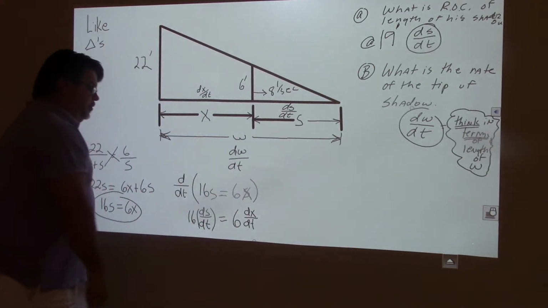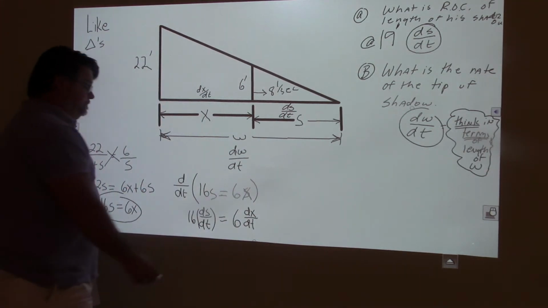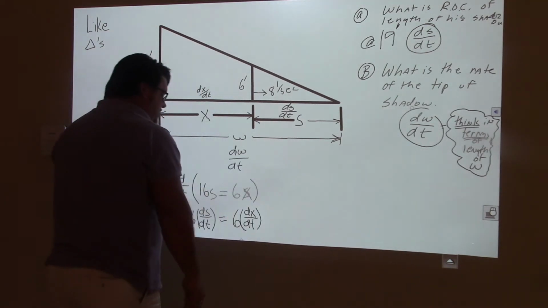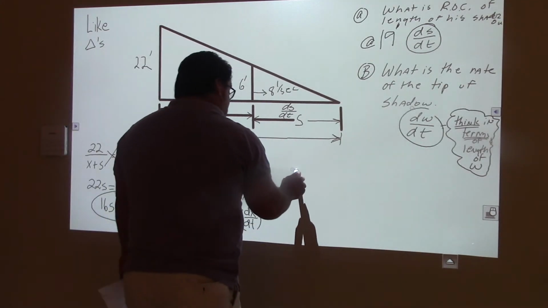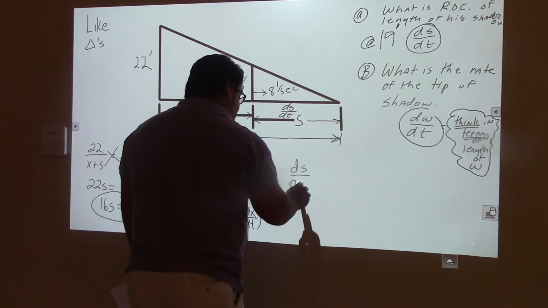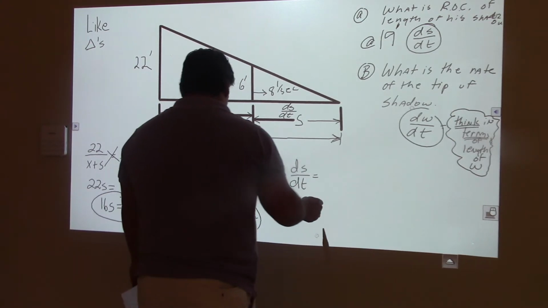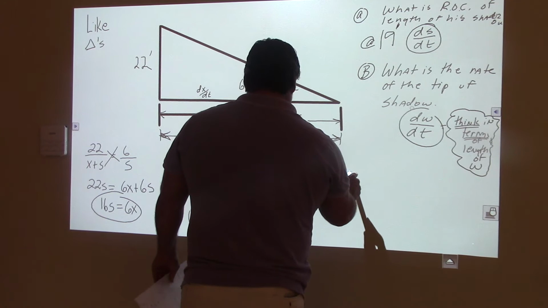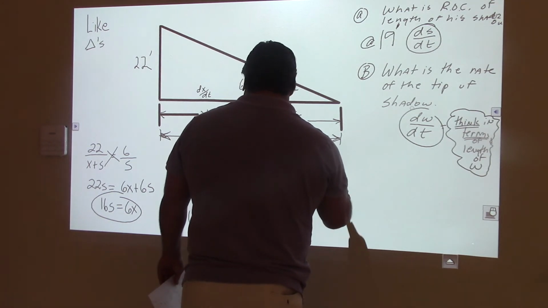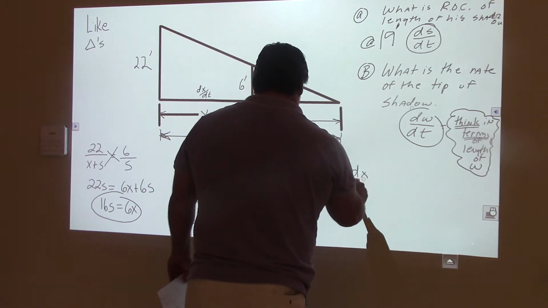And what are we solving for? ds/dt. ds/dt equals 6 over 16 dx/dt.